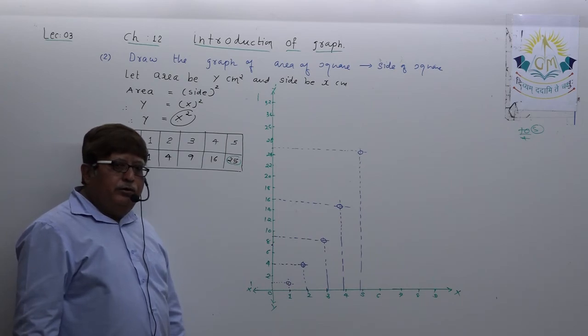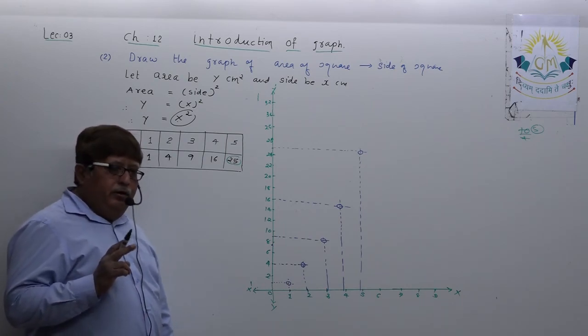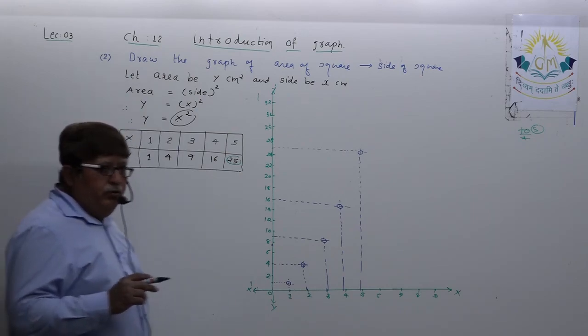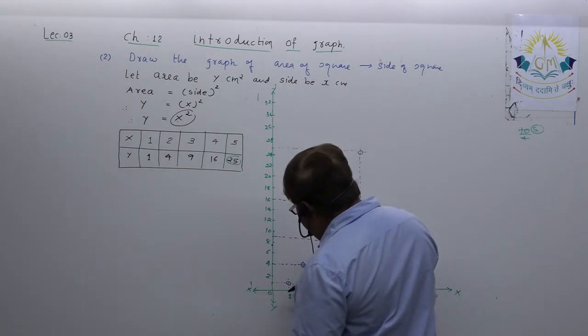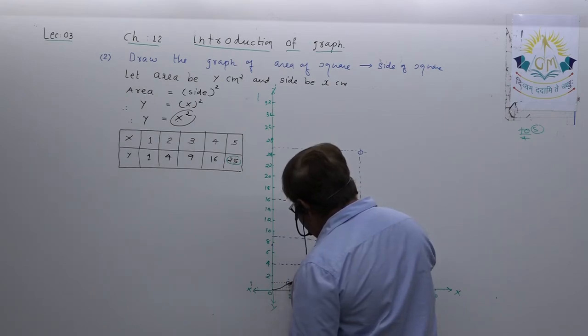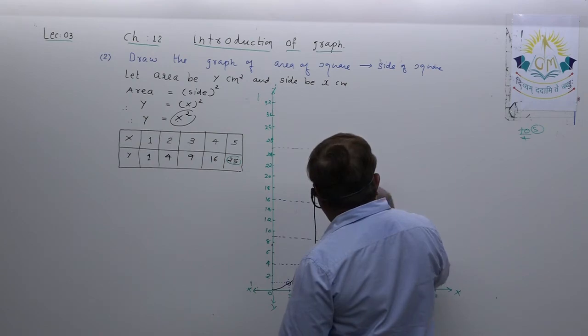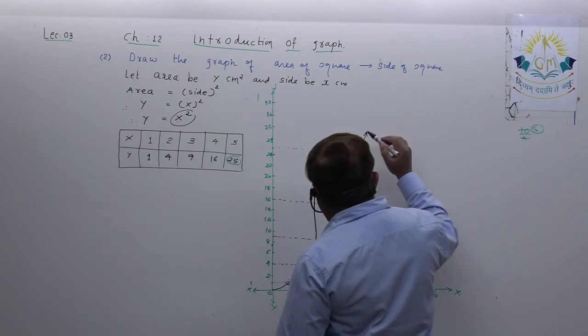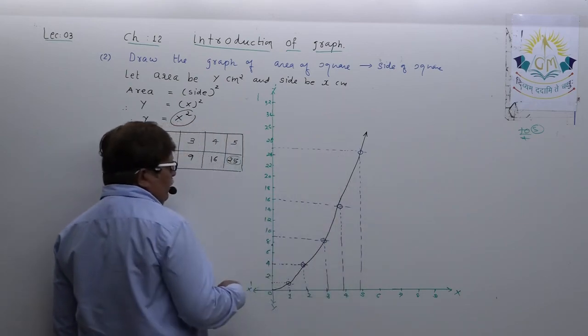So do not try to use the ruler. You just have to join all the points freehand, starting from the origin. Understand? This way. Freehand joints, and the graph will pass through all the points.